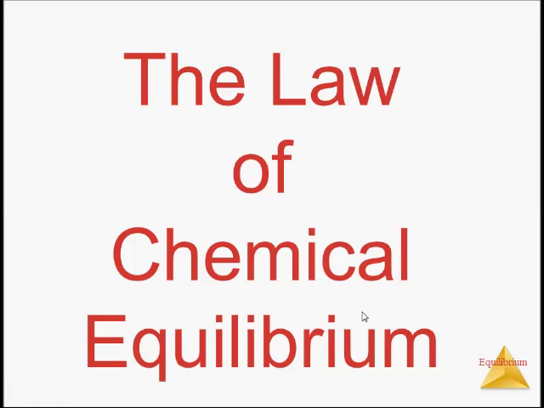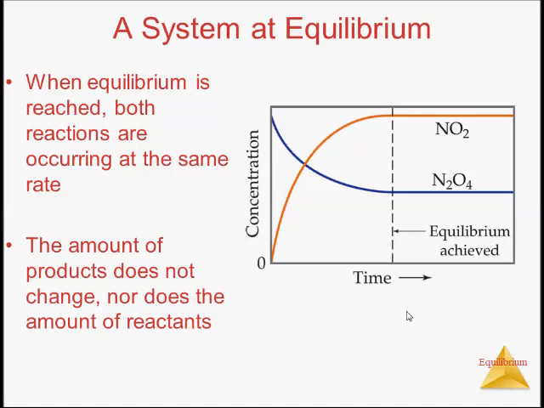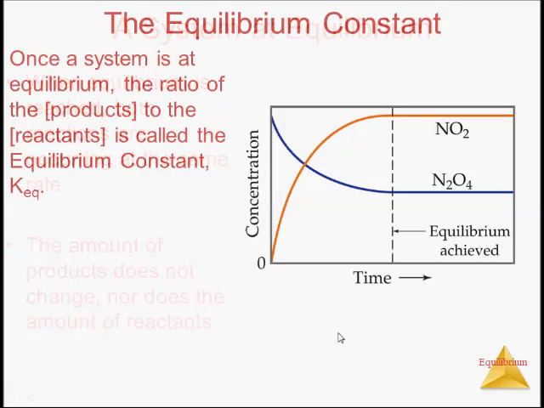So we can write some equations to help us understand and analyze what's going on at equilibrium. So remember, equilibrium is when the forward reaction and the reverse reaction are both happening at the same rate. And so when that happens, our amounts are no longer changing of each, even though the reaction is continuing. That's why it's called a dynamic equilibrium.